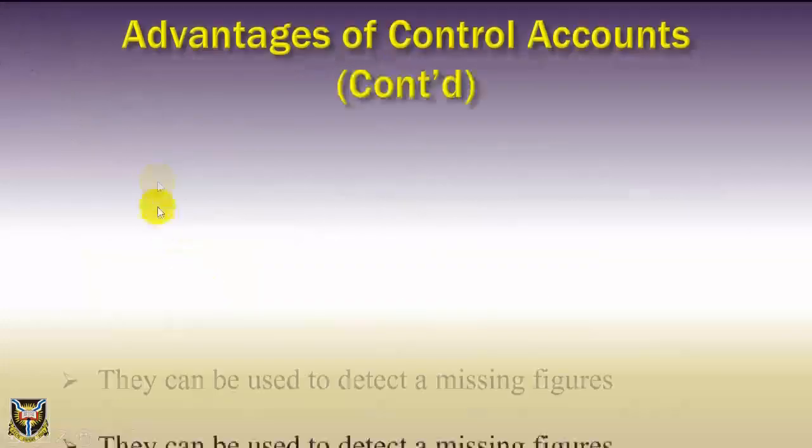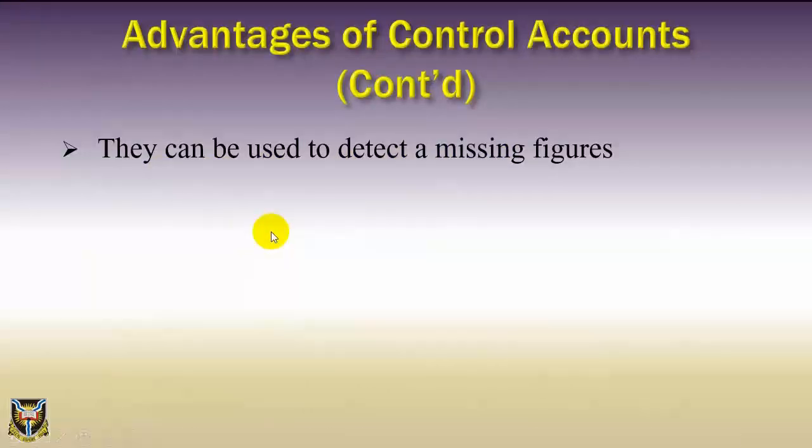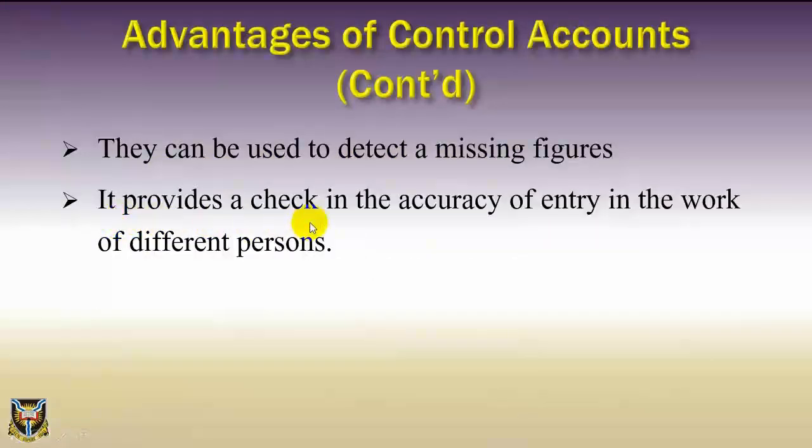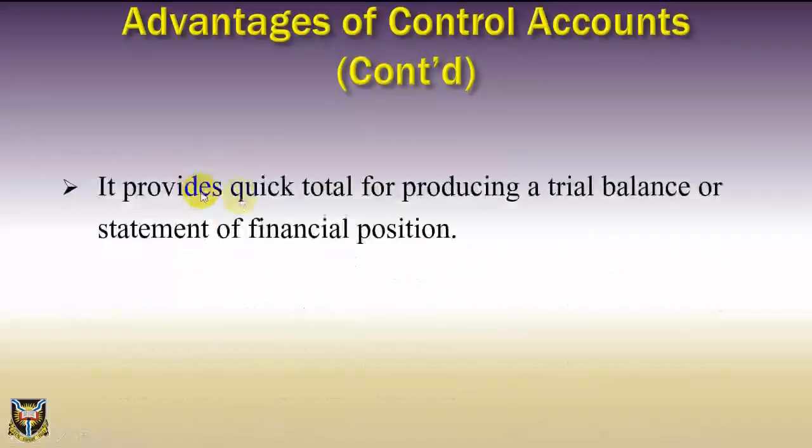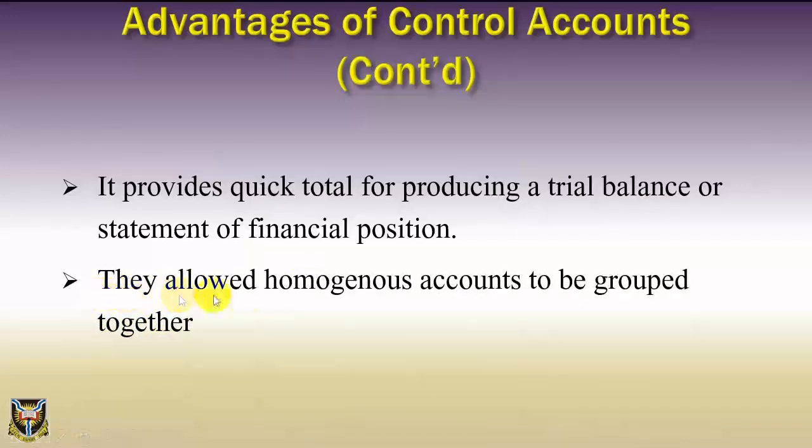They can be used to detect missing figures. 6. It provides a check on the accuracy of entries in the work of different persons. 7. It provides quick totals for producing a trial balance or statement of financial position. 8. They allow homogeneous accounts to be grouped together.